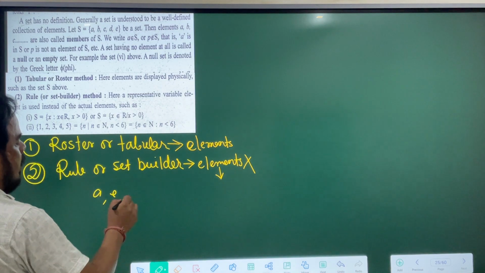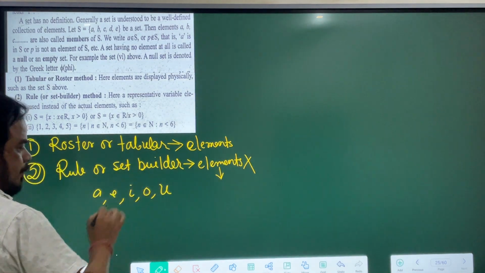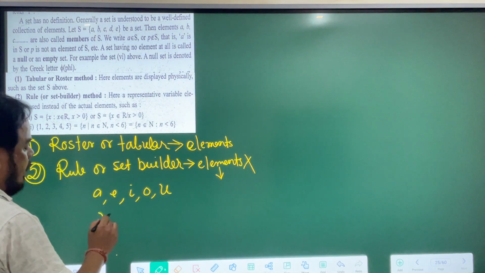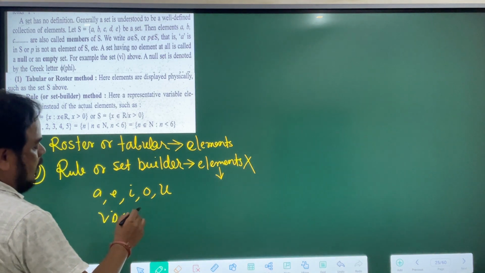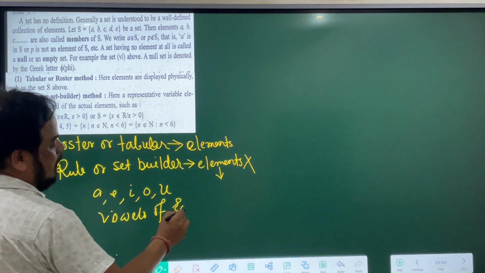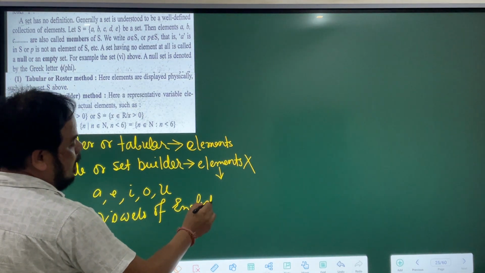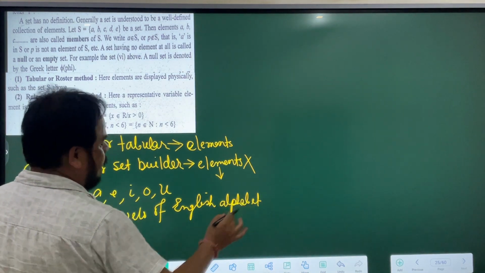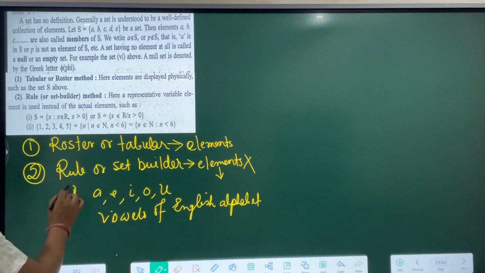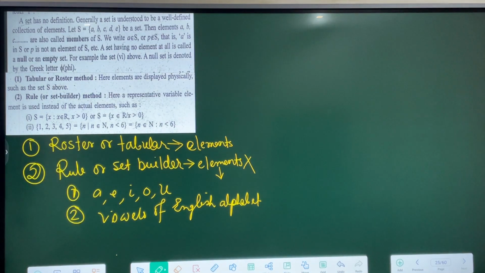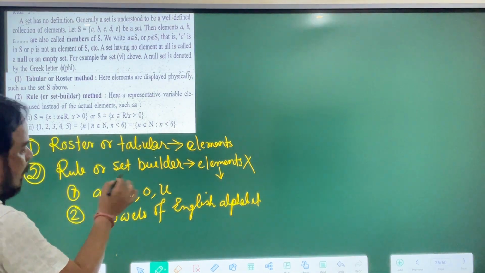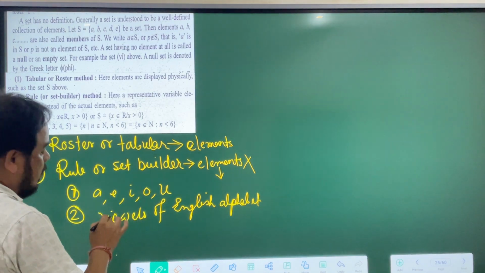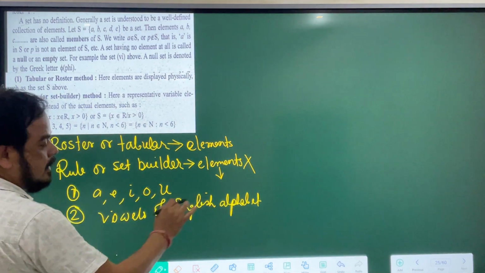For example, A, E, I, O, U. If I say vowels of the English alphabet, I have written two types. I have written the vowels directly, but here I have described the vowels in a sentence.